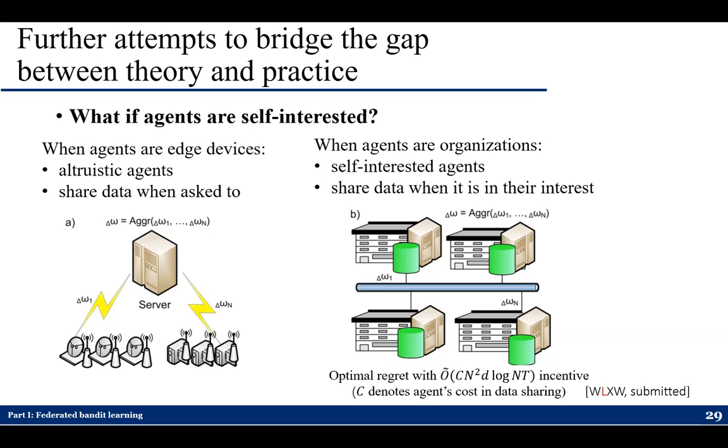In this work, we design an incentive mechanism such that we still attain the optimal regret result from the previous slide, while having a relatively low cost in terms of the incentive provided.